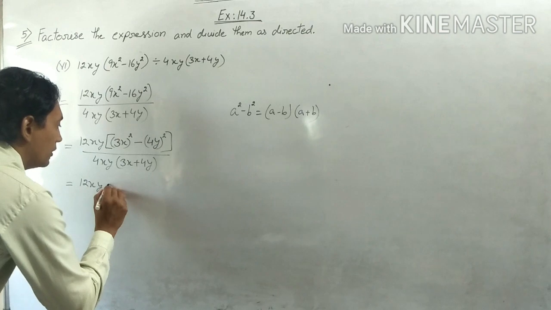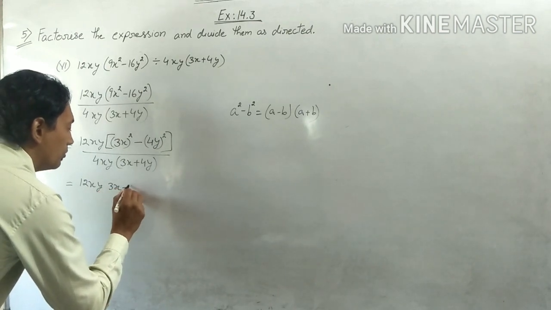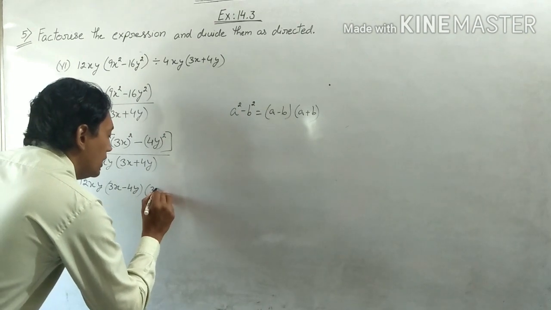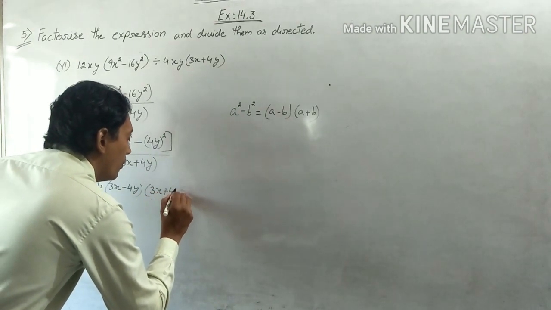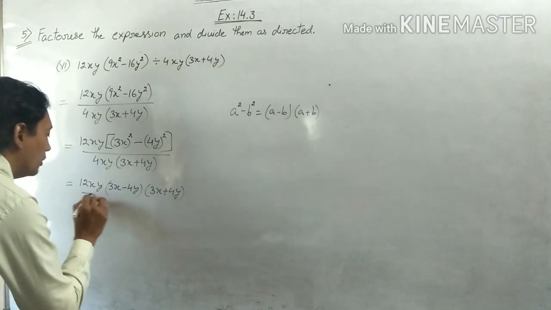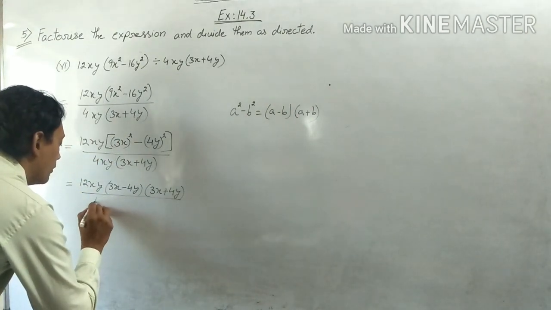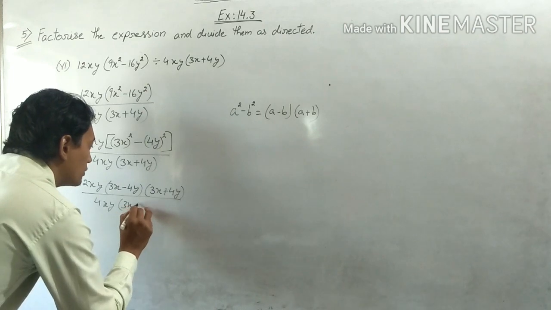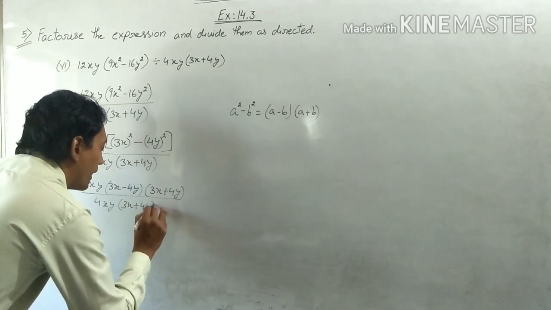So we can write this as 12xy into 3x minus 4y into 3x plus 4y, whole thing divided by 4xy into 3x plus 4y.